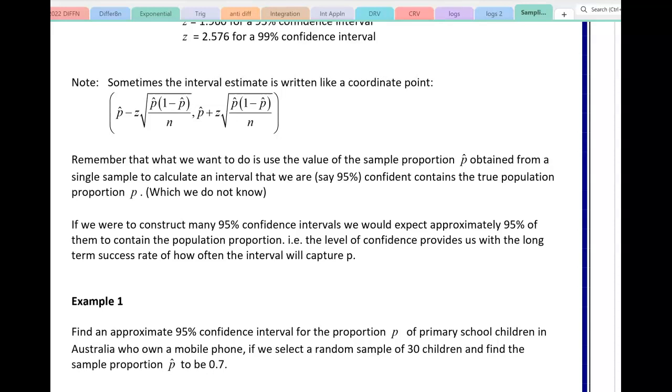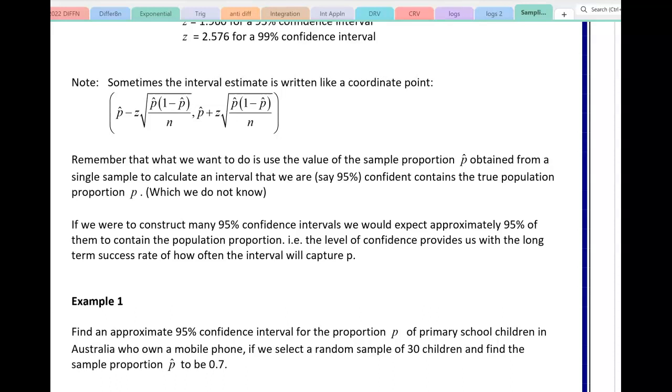All right, so the most important interpretation to recognise: it's not a probability. So you can't say there's a 95% chance of capturing the population proportion. That is a very bad interpretation. You cannot say that. What we can say is at a certain level of confidence, we can make the assumption that the true proportion lies within that interval.